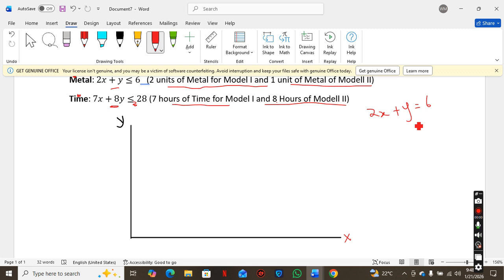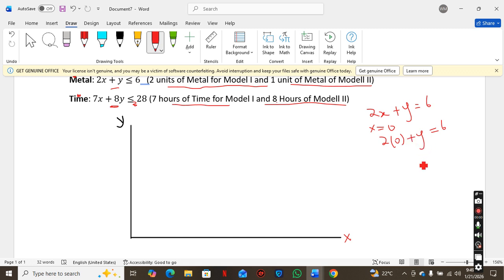Alright? So you just say, okay, when x equals 0, substitute it into this function. 2 times 0 plus y equals 6. 2 times 0 is 0.